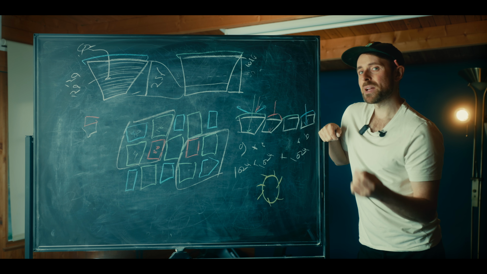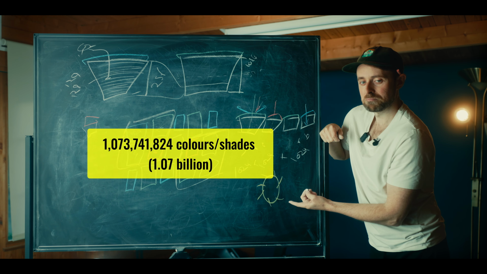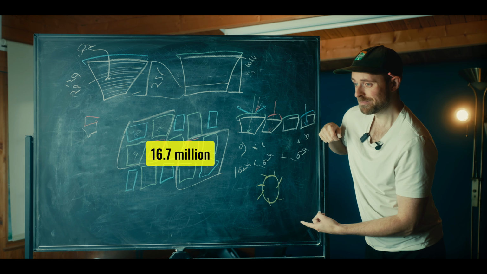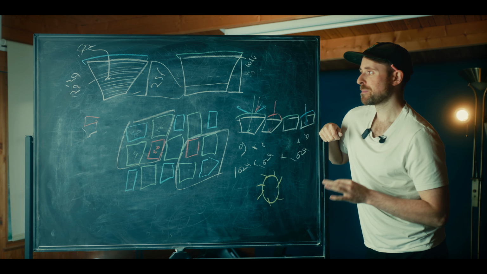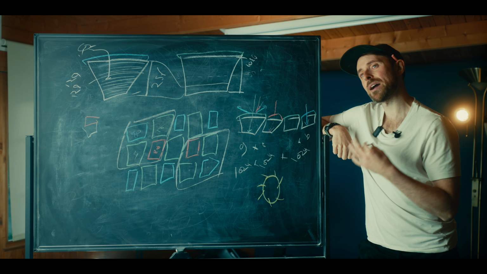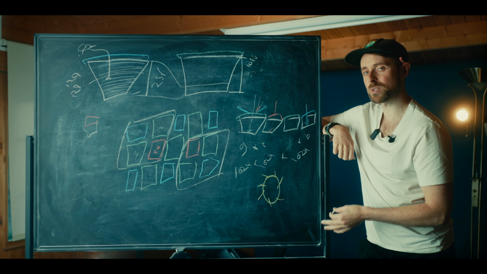Now I've got that many colors to work with, and compare that to 8-bit. That is bit depth. It's about shades and how that turns into color because of this pixel filter system.